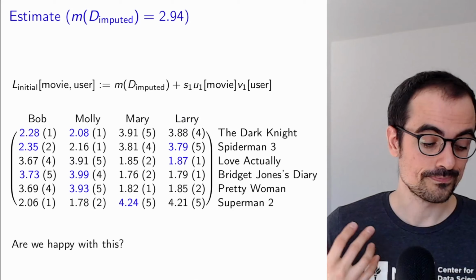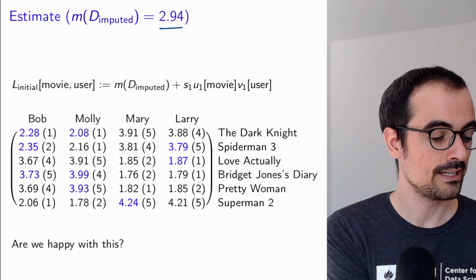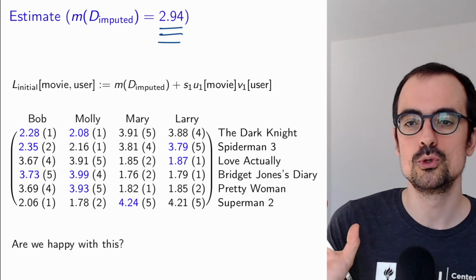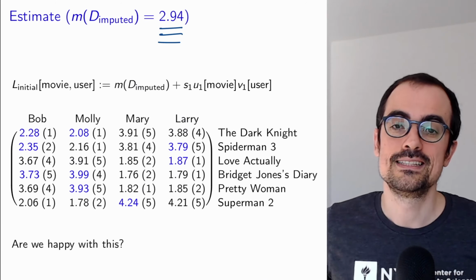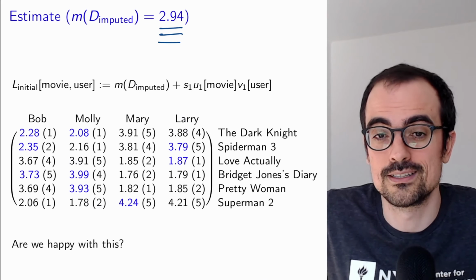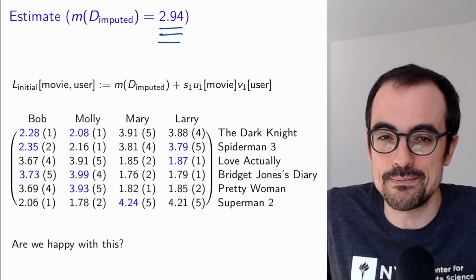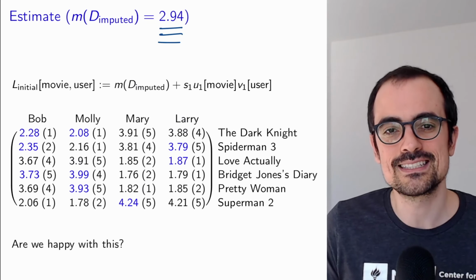So are we happy with this? We're not super happy because the ratings for Bob are being pushed towards the mean rating. We're taking the truncated SVD of a matrix where we have imputed that value, so we shouldn't blame the model too much that it's trying to fit it.